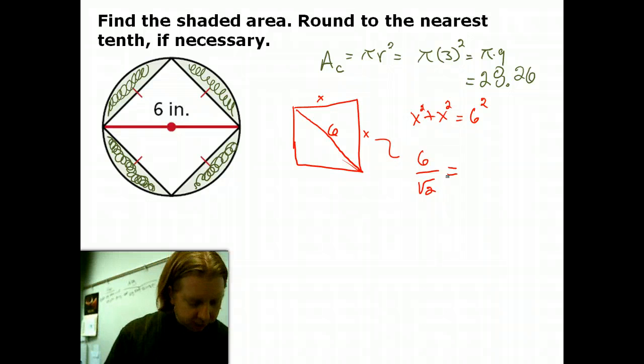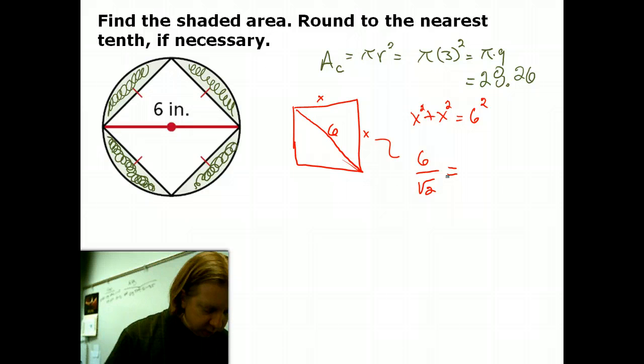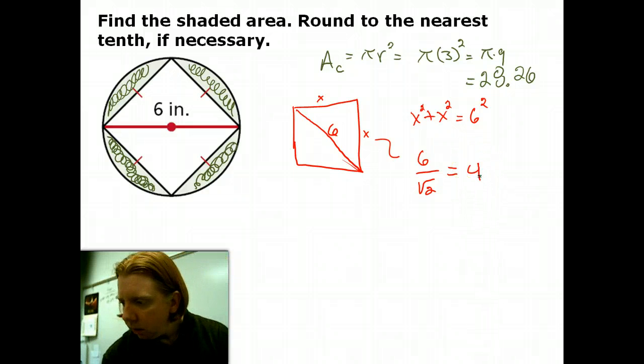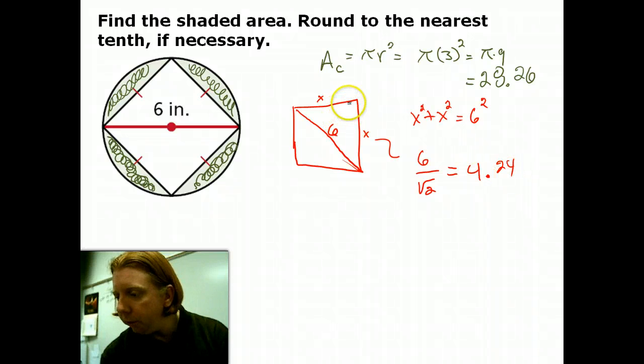So let's see what that works out to be. 6 divided by the square root of 2 equals 4.24. Here's a right triangle. I'm just going to look at this right triangle.